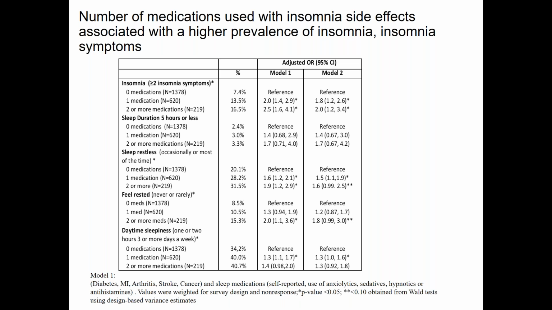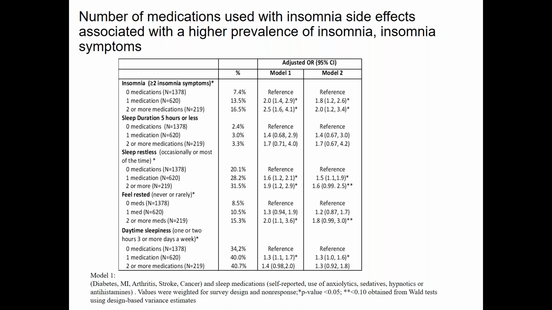And what we found is that overall, the more medications you use that have insomnia side effects, the more likely you are to have insomnia. Again, cross-sectional analysis, but I think it is an interesting finding and would motivate future research in this area in terms of the role of medications in contributing to problems like sleep, but also other problems that are captured in NSHAP, like sexuality or sexual dysfunction, cognitive impairment.